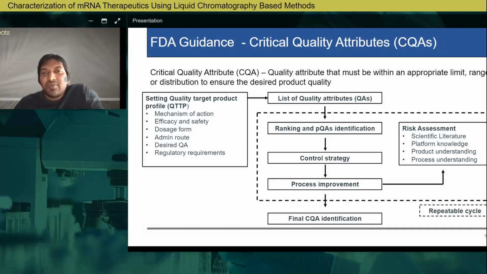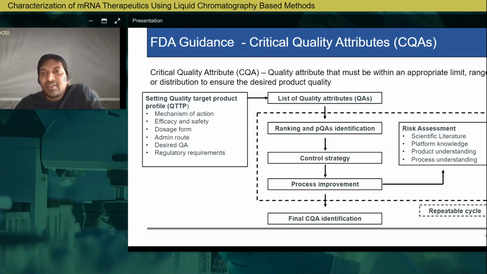Once we define that, we conduct experiments and keep iterating the process, always going back to the scientific literature, platform knowledge, and product and process understanding, to see what risks can be generated for these CQAs, in such a way that our product is operating within the specific immunogenicity as well as stability aspects.